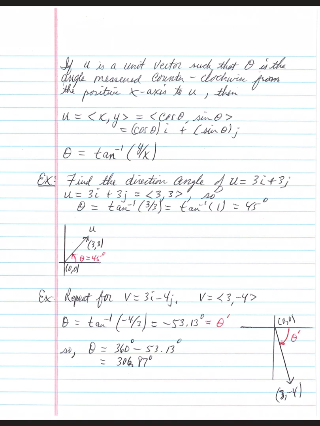If u is a unit vector such that theta is the angle measured counterclockwise from the positive x-axis, that's kind of a long way to say standard form, then your vector u will have an x and a y component, which can be also expressed as the cosine and sine values of the angle.